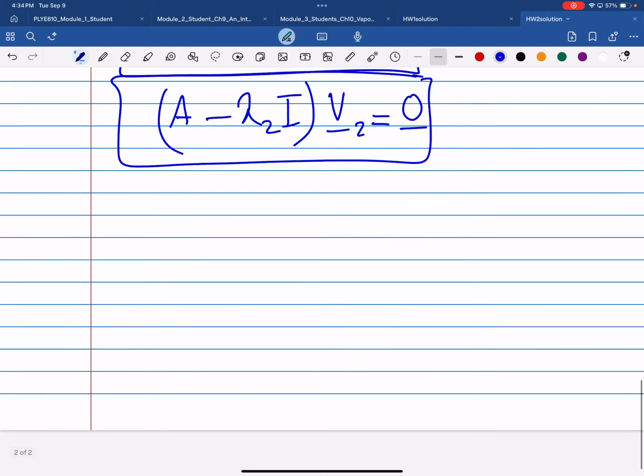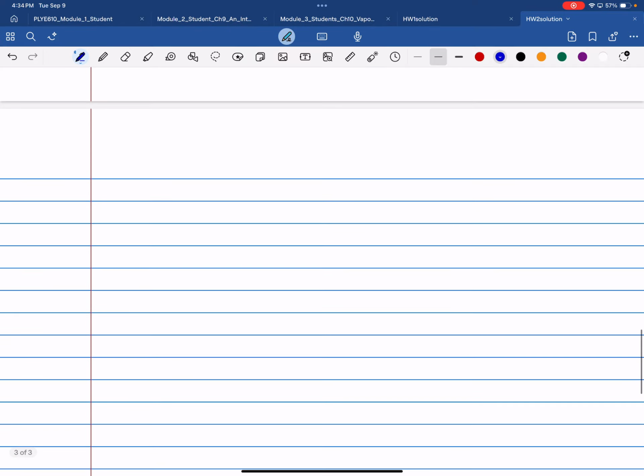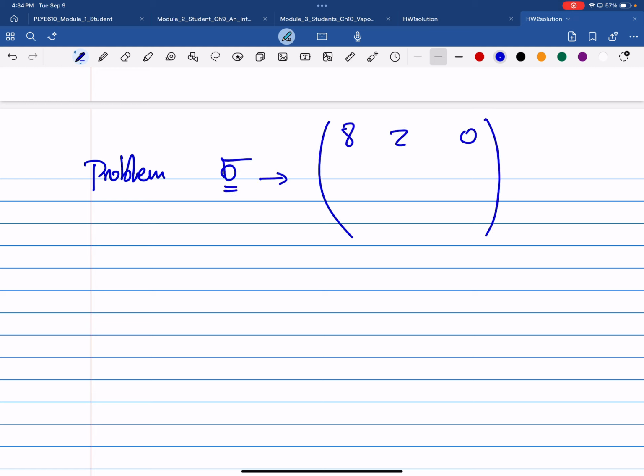So in problem 3, I am giving you a tensor. So we have a stress tensor. I'm calling this a stress tensor, sigma, represented by a 3x3 matrix: 8, 2, 0, 2, 5, 1, 0, 1, 3.